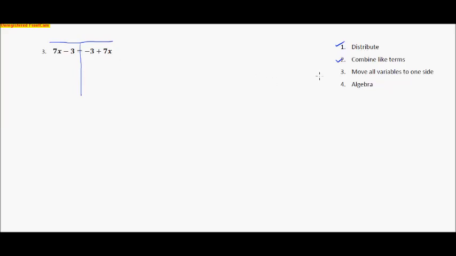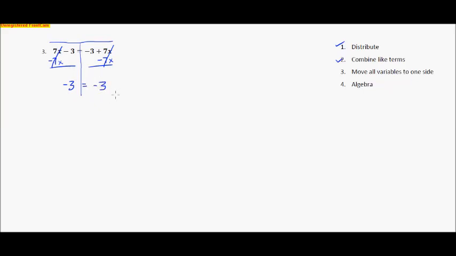Now we move all variables to one side. This looks very similar to the problem before, but it's a little different. We're going to take away 7x here and take away 7x here. So those go away, and what I'm left with is negative 3 equals negative 3.